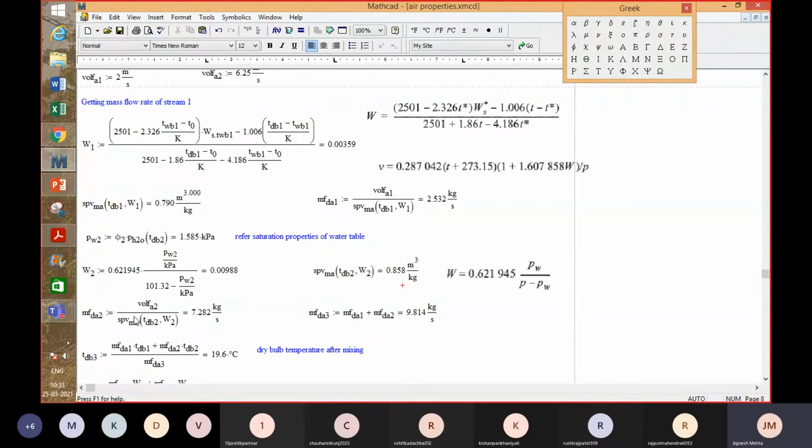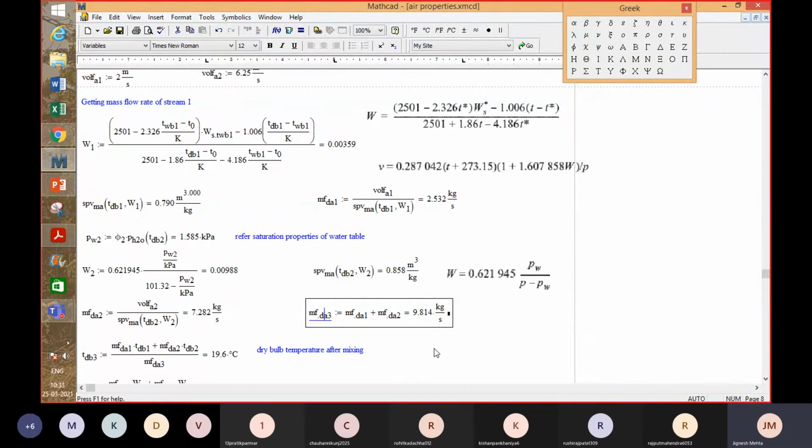So now you can get the mass flow rate in stream 2, that is volume flow rate divided by specific volume. So that's 0.7282. And after you mix them, the mass flow rate m dot dA3 is equal to the sum of m dot dA1 and m dot dA2. So total mass flow rate in stream 3 is 9.814 kilogram per second.